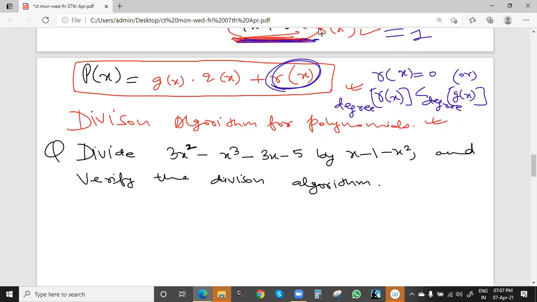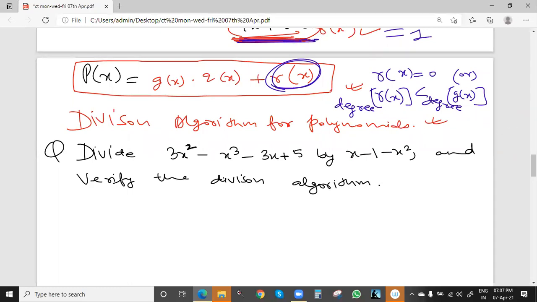Divide 3x square minus x cube minus 3x plus 5, sorry, here we have plus 5, by x minus 1 minus x square. Then we verify the division algorithm.